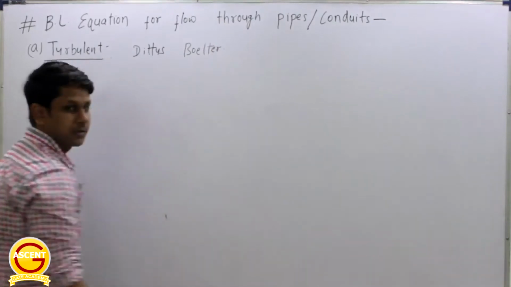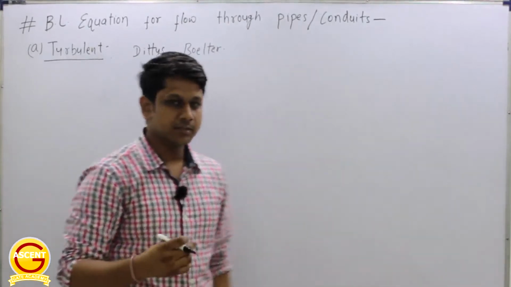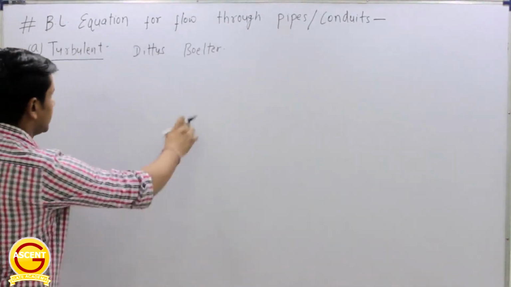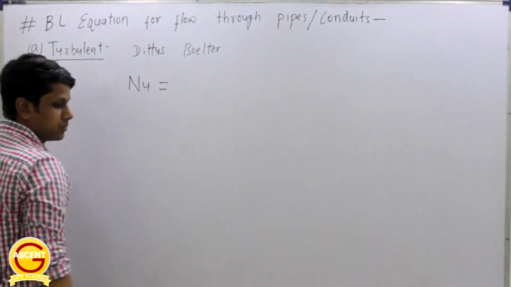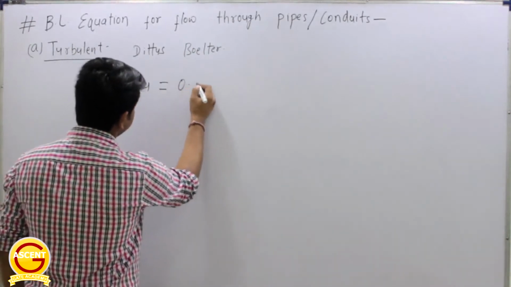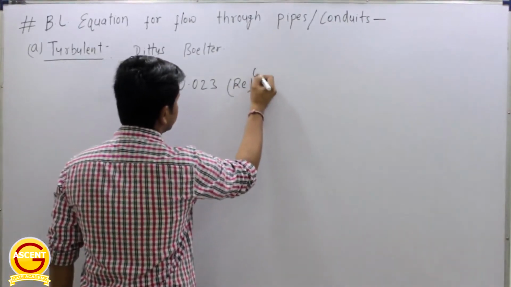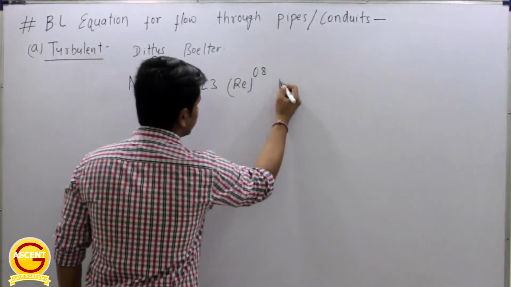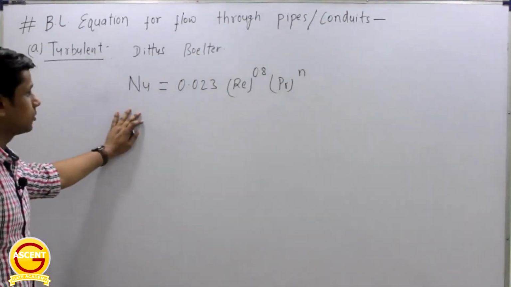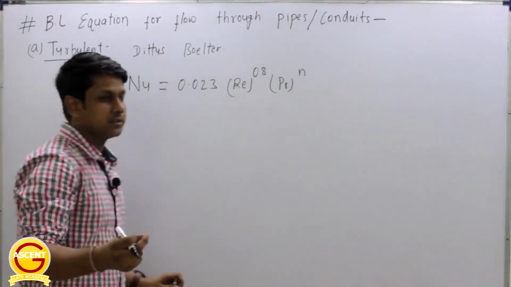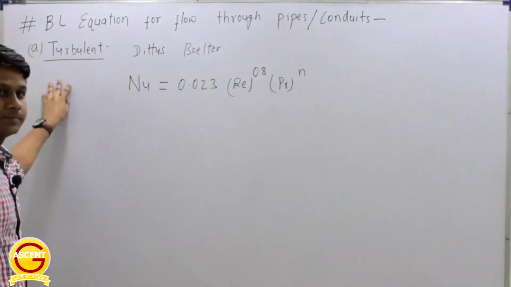Similar to the equation we got for flow over plates, we get an equation for the Nusselt number: Nusselt number equals 0.023 times Reynolds number to the power 0.8 times Prandtl number to the power n. So this is our Dittus-Boelter equation. Whenever you are given a question on convection in pipes or any conduits, you will use this equation if the flow is turbulent.